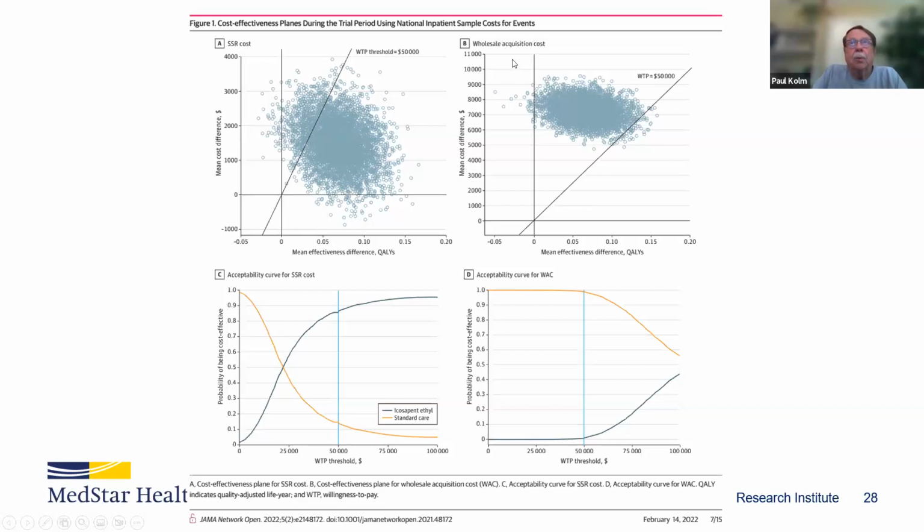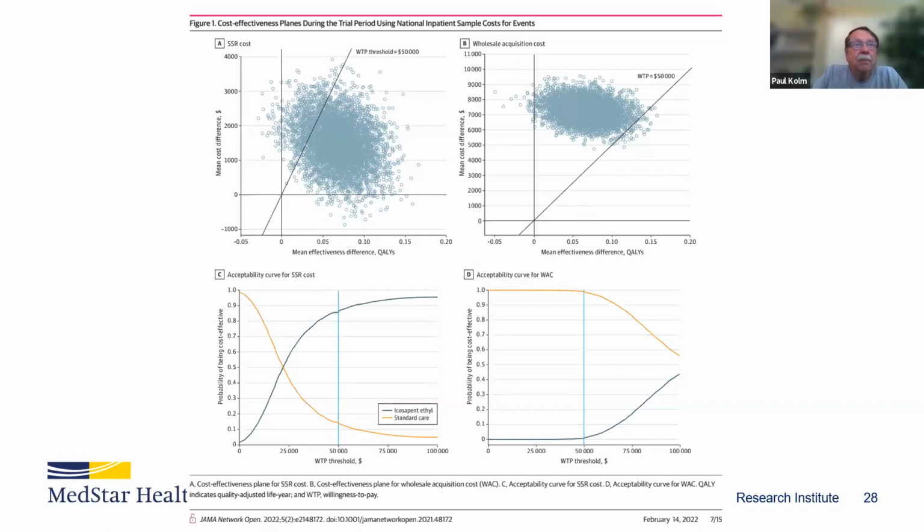B is the WAC cost, the $9.28 a day. And so you can see the big difference here, that the big driver in cost effectiveness analyses is the cost of whatever the drug is, or whatever the particular treatment is, or the surgery, or whatever the treatment is you're interested in.